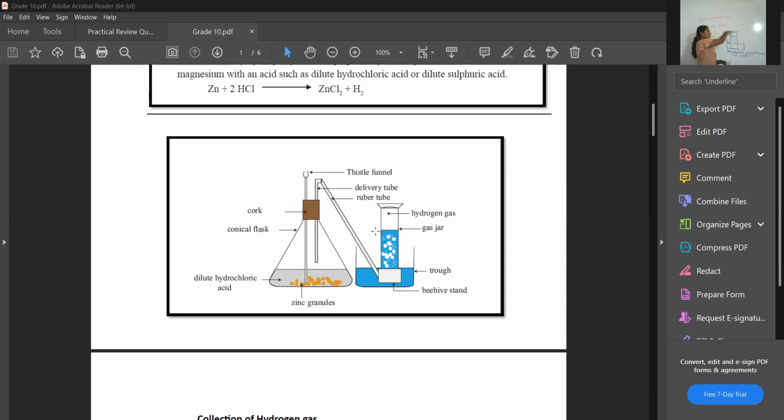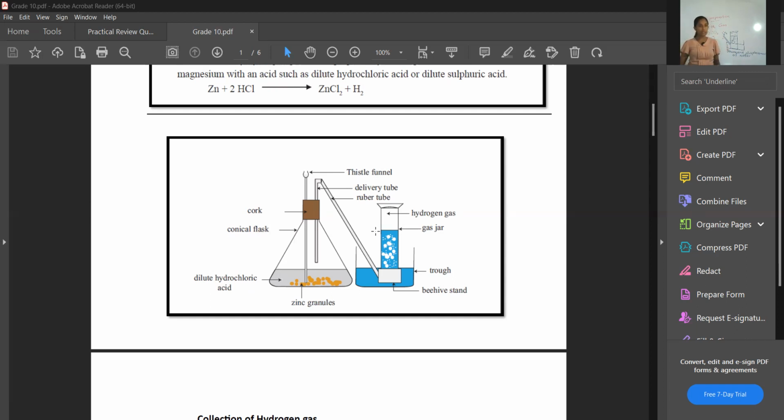Because the water goes down when the hydrogen gas enters the gas jar. At the upper level of the gas jar, hydrogen gas fills here, so the water goes down. That is why we name this method downward displacement of water, Pute. That is the collecting method of hydrogen gas.